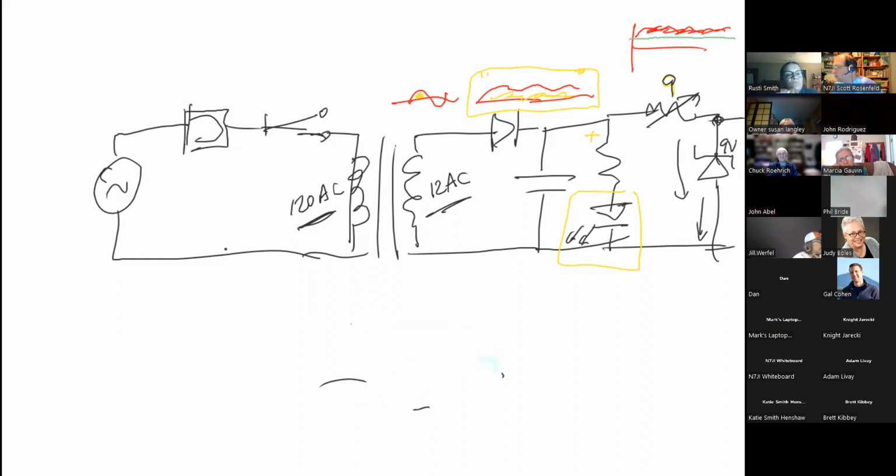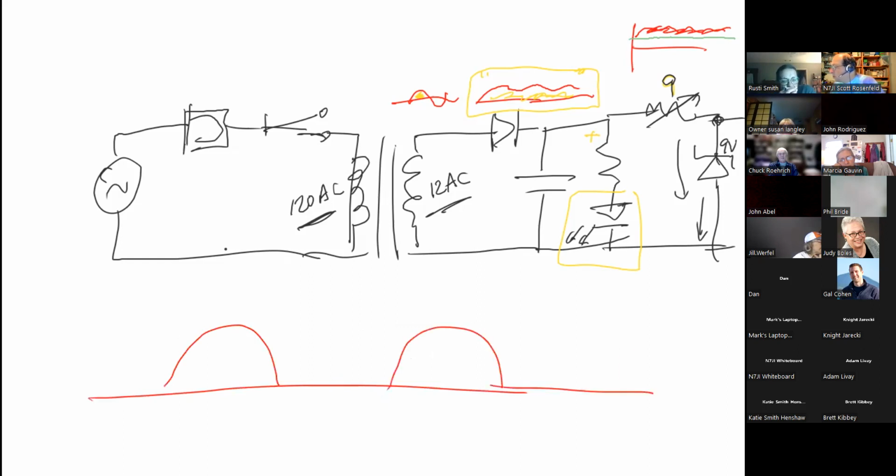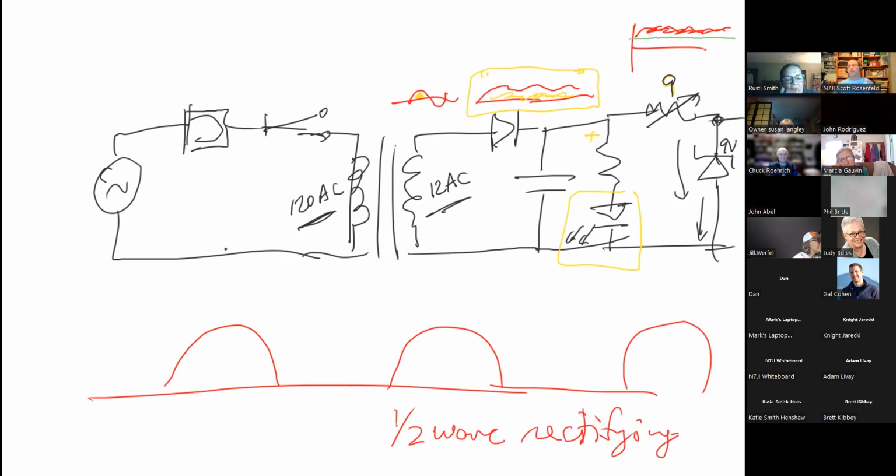And in particular, this is because your voltage that comes in is being converted half of the time, not all of the time. This is known as a half wave rectifying power supply. Now, what's not so efficient about it?